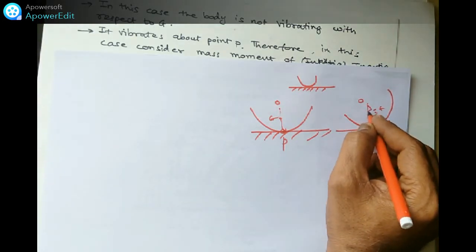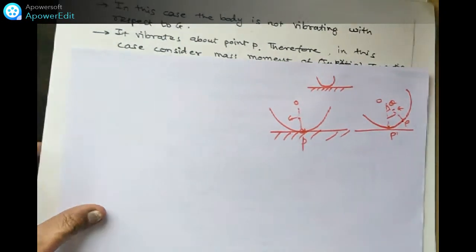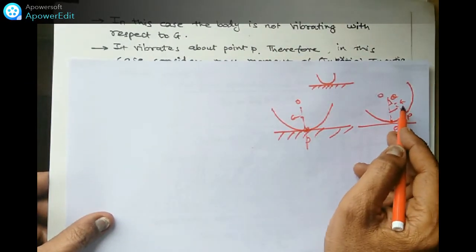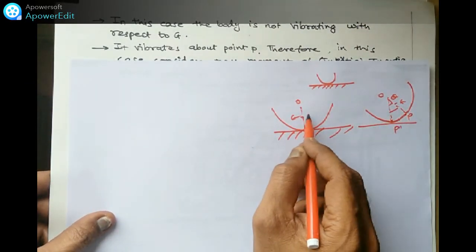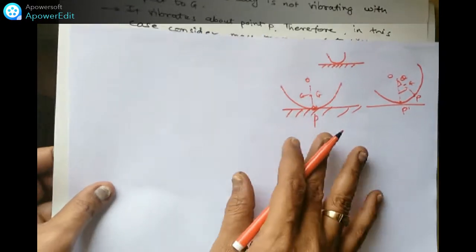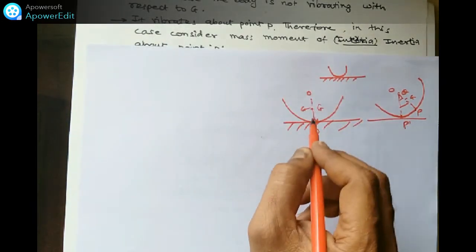So this is the case actually. In this case, it will not vibrate about point G; it vibrates about the point P. Therefore, the mass moment of inertia about point P is what we have to find out.